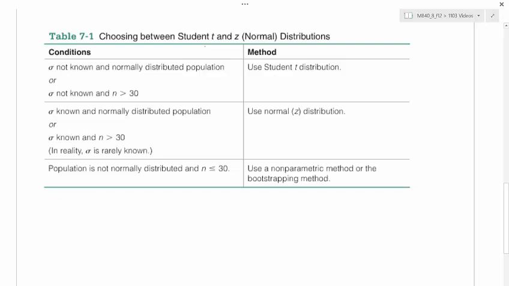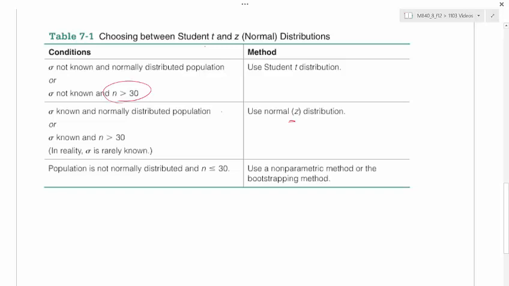And if you don't have a normal distribution, you do need your sample size to be big enough. So you would need n to be greater than 30. If your population standard deviation is known and you have a normal distribution, or if you have a standard deviation that's known from your population and n is greater than 30, even if it's not from a normal distribution, then you would use the z distribution.